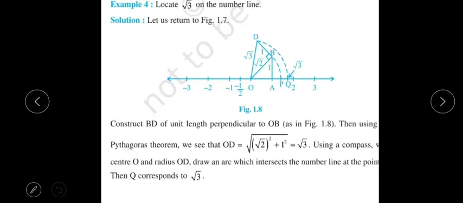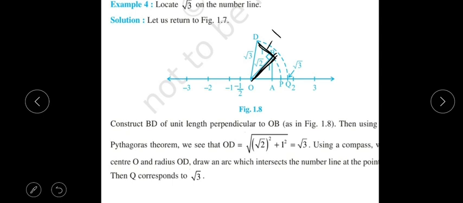Now, how to locate root 3 on the number line? We learned how to draw root 2 on the number line, so we will proceed for root 3. As we have already drawn the point root 2 on the number line, taking root 2 as base, we will draw a perpendicular at point B, D. This is 1 unit.